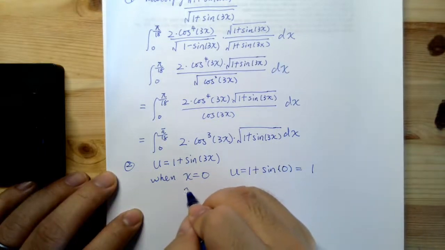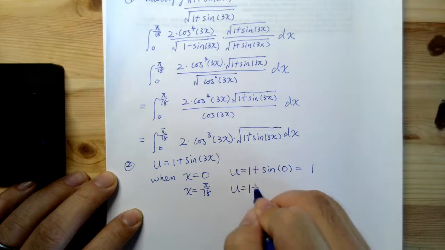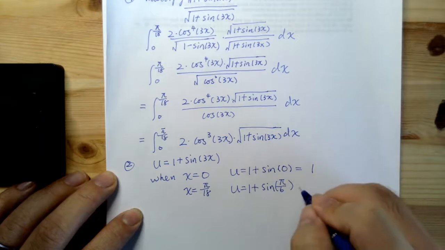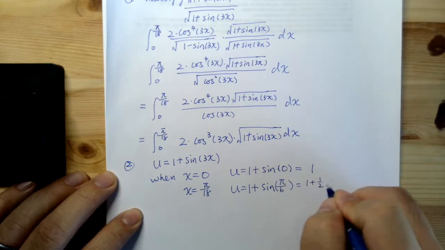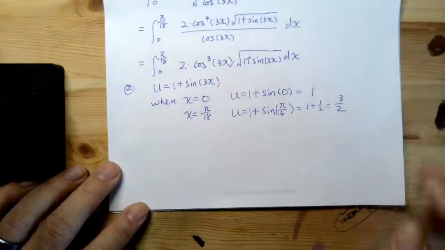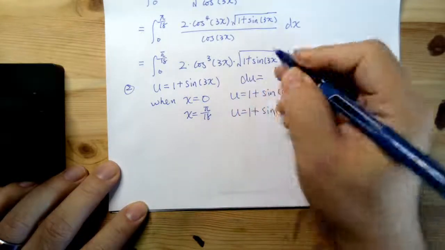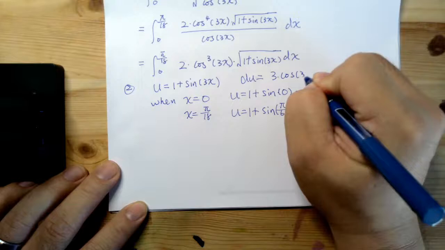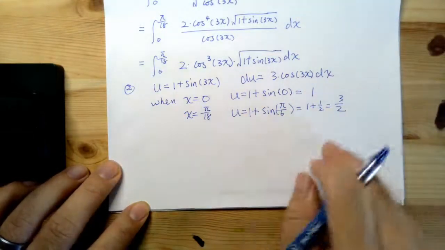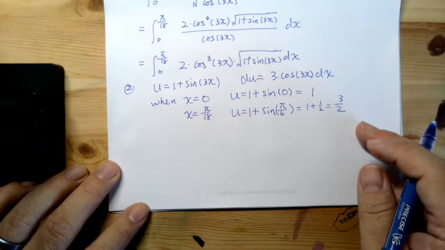When x equals pi over 18, u equals 1 plus sine of pi over 6, which is going to be 1 plus 1 over 2. That is 3 over 2. And then du is going to be 3 times cosine 3x dx.